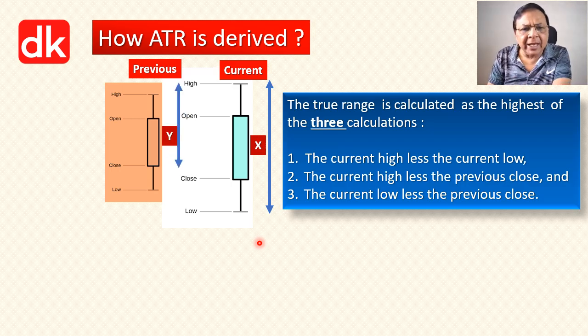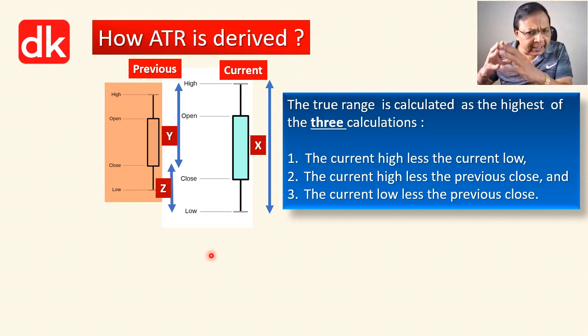And then the second calculation is when we measure the high of the current candle and calculate the difference with the close of the previous candle, which is Y. The third calculation is the difference between the close of the prior candle and the low of the current candle.